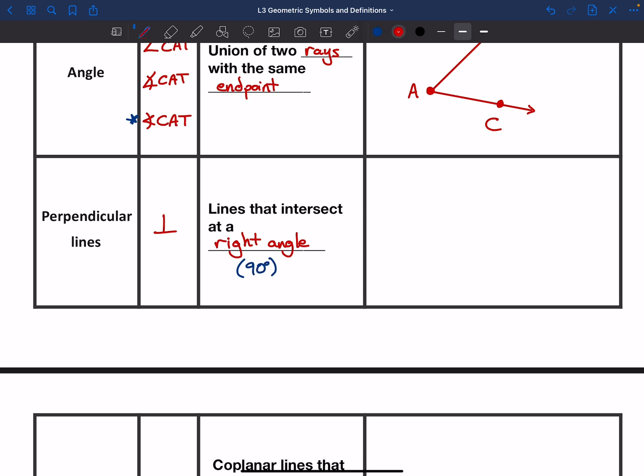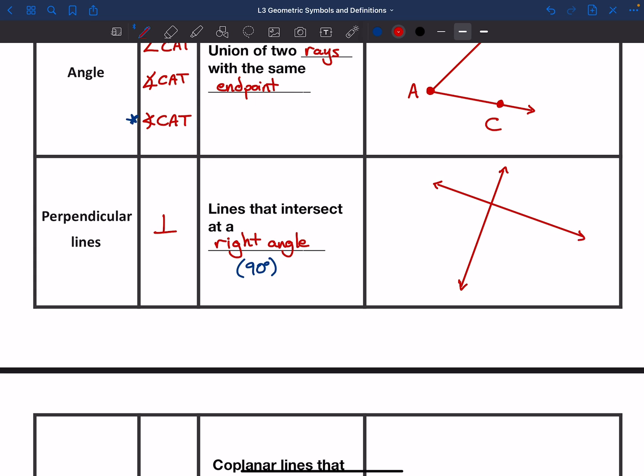Right? So what we need to do in order to draw perpendicular lines is, I'm just going to draw one line. And again, it's an entire line, so I'm going to put the arrows on the ends and everything. And then I want to draw one that seems like it intersects it at a 90-degree angle. All right, so I'm going to do my best. That doesn't look so bad, all right? When we're drawing these by hand, it's never going to be absolutely perfect, right?